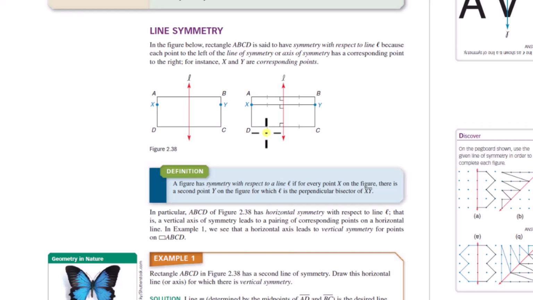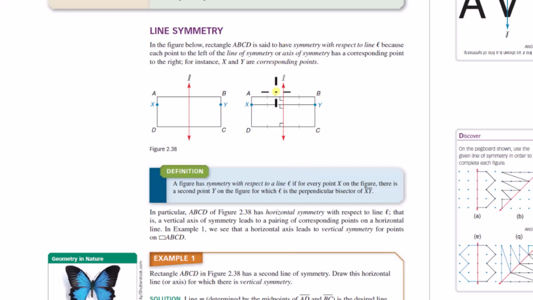And it's the perpendicular bisector they're talking about, right? That's what they mean by perpendicular bisector: for any point on the figure, you pick these 2 points X and Y, and you draw a line through those points. That line is a perpendicular bisector with the line of symmetry, the potential line of symmetry. Those 2 points are corresponding, okay?